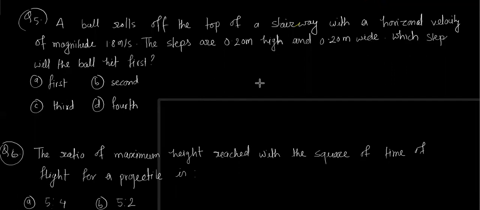Before solving this, let us find a general expression, and for this I'm going to derive a formula, and you can use this formula directly. I'm going to suppose a staircase in which the height of each stair is h and its breadth is b, and the number of steps is n.